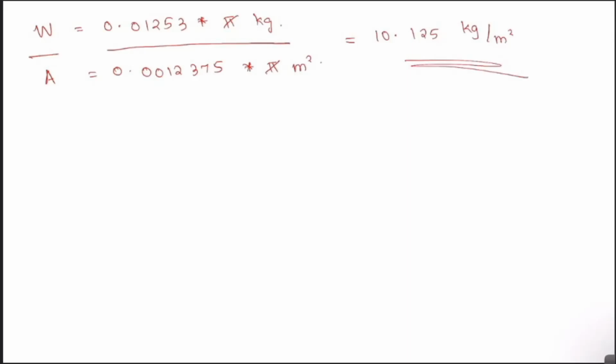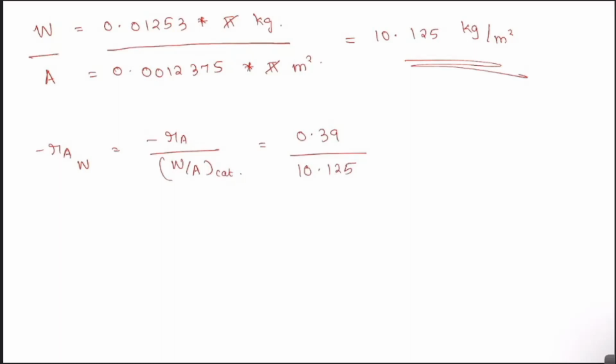So now our reaction rate in terms of kilogram of catalyst, let us denote it as minus r_A prime. This will be the given reaction rate divided by W by A of catalyst. So this will be 0.39 by 10.125 kilogram per meter square of catalyst.